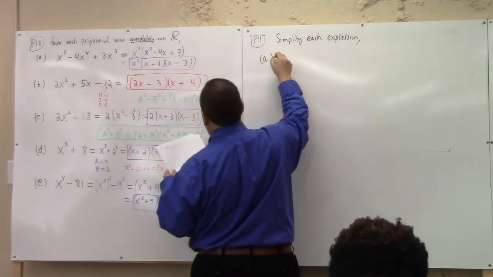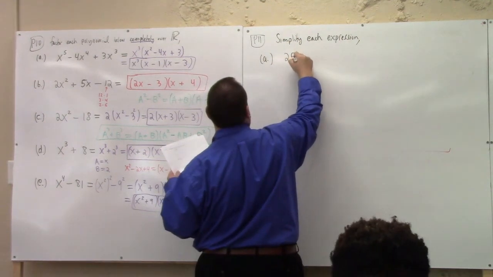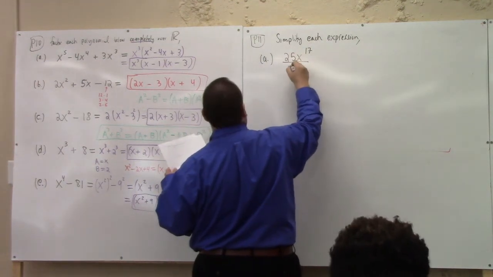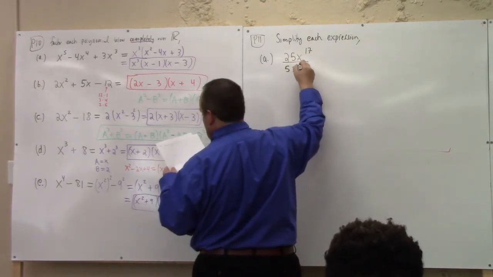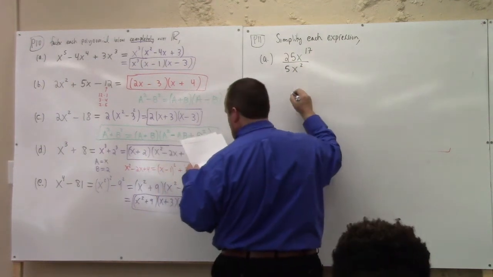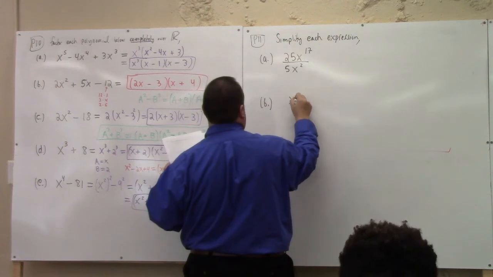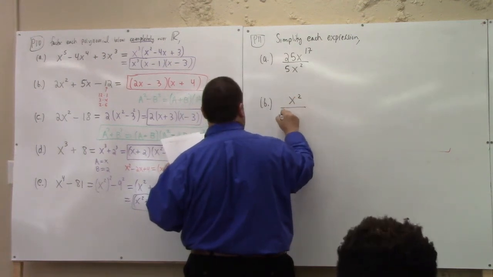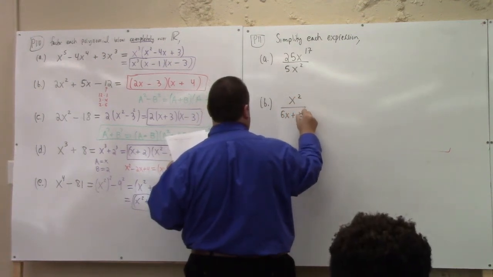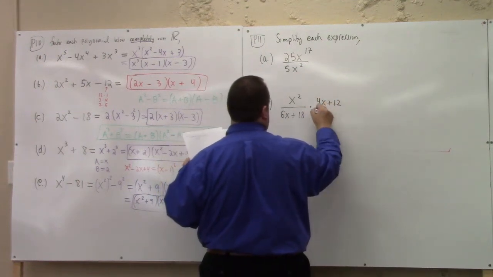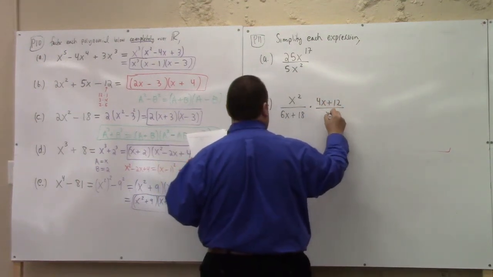So A, I have 25 x to the 17th over 5 x to the 2. B, I have x squared over 6x plus 18 multiplied by 4x plus 12 over x.